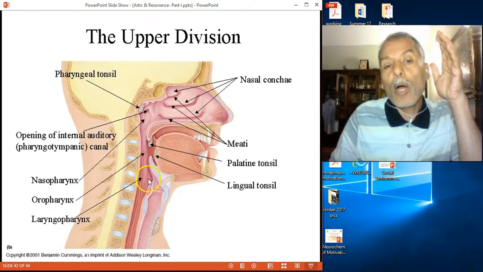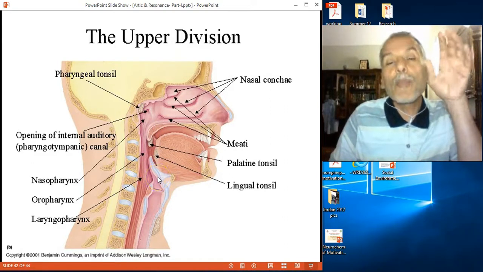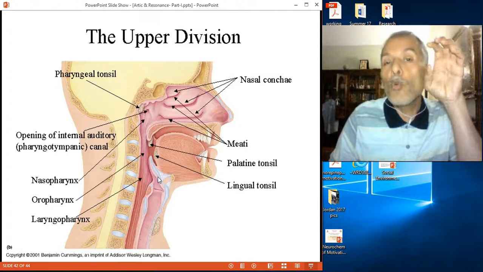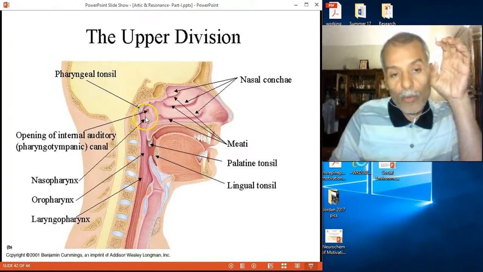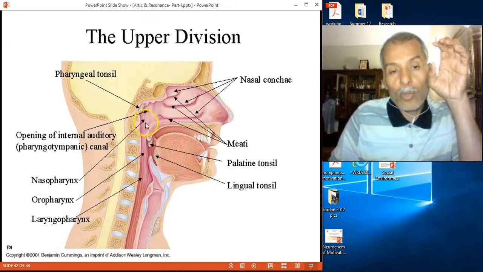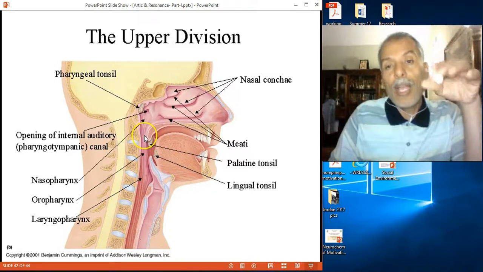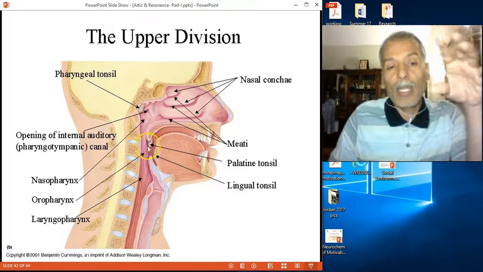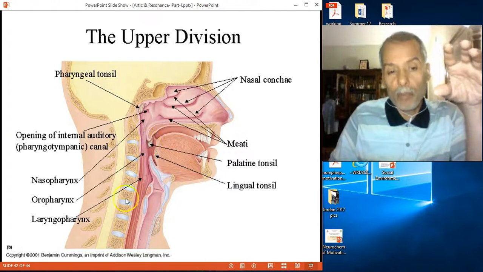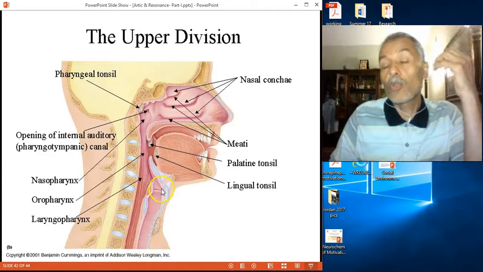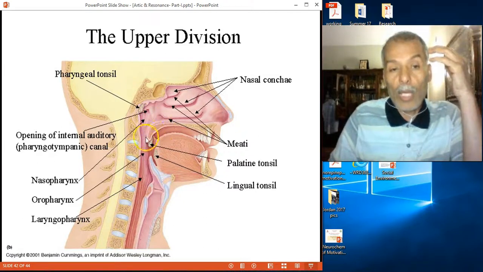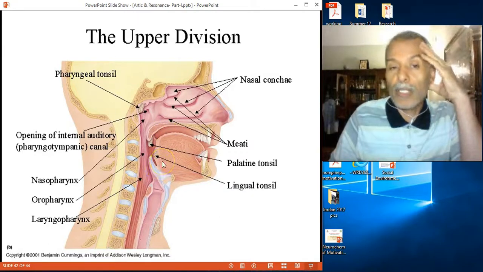These together are part of the lymphoid system that is part of your immune system. And whatever you swallow or inhale will go through antibacterial fluid and stuff to purify it before it goes down to be ingested or inhaled. This is why we have these things as lines of defense to protect the body.